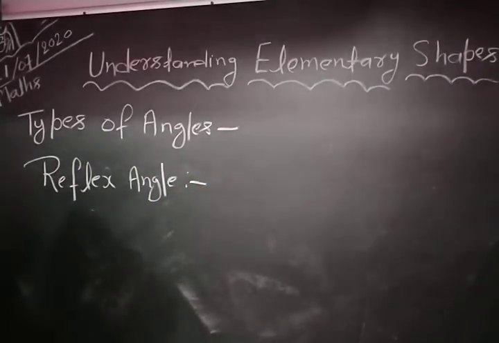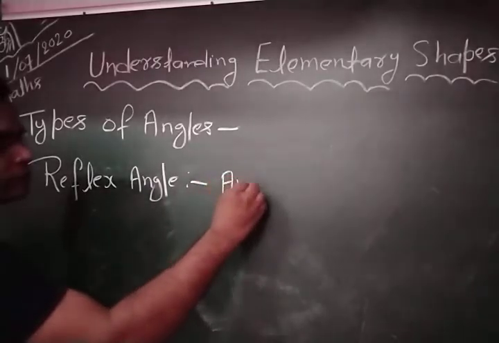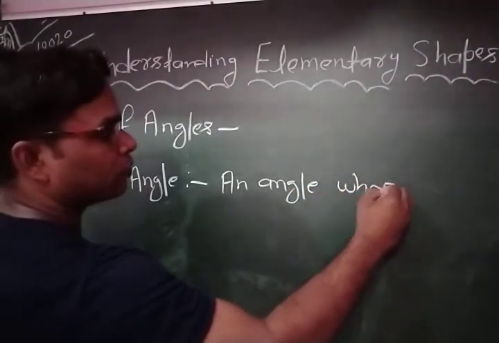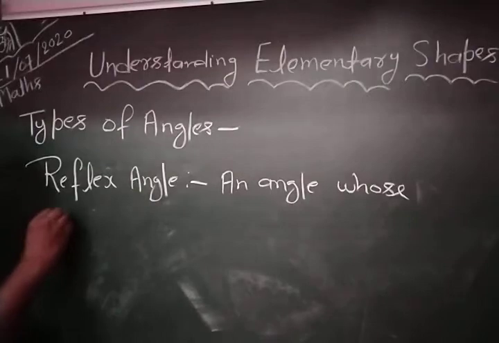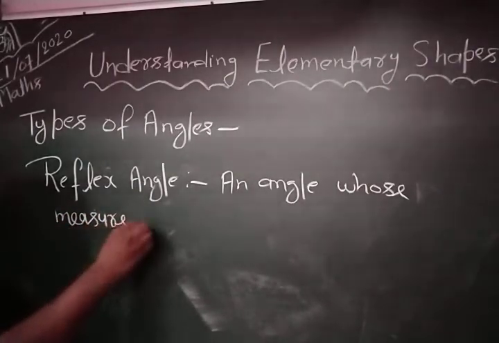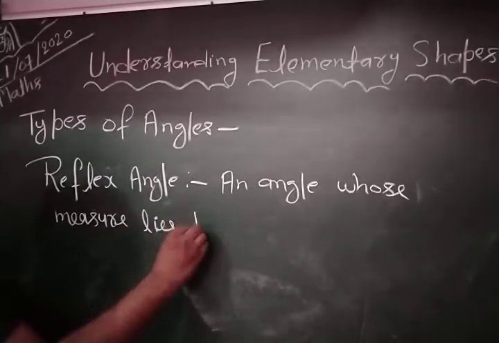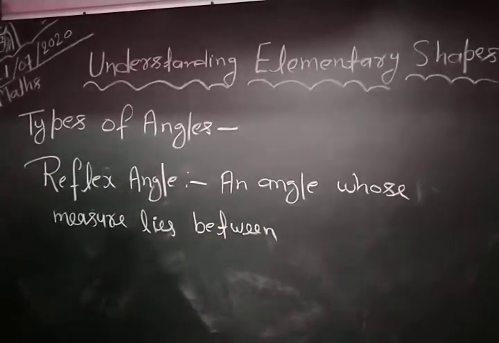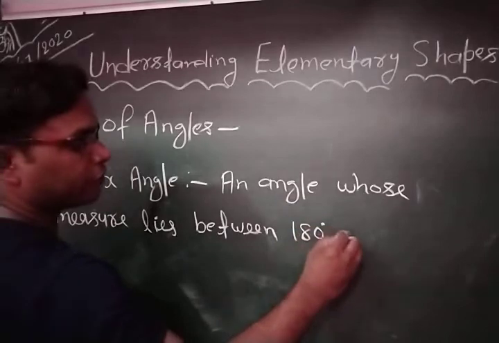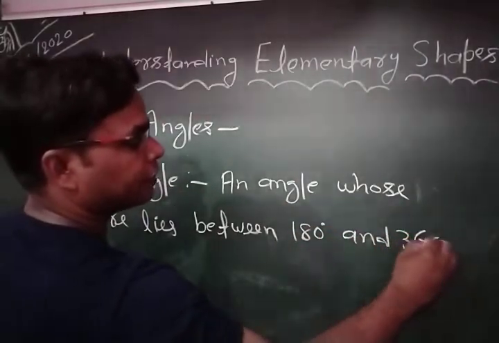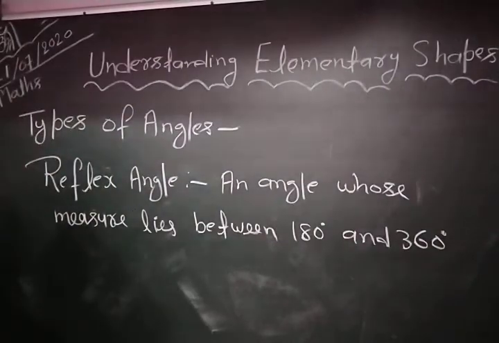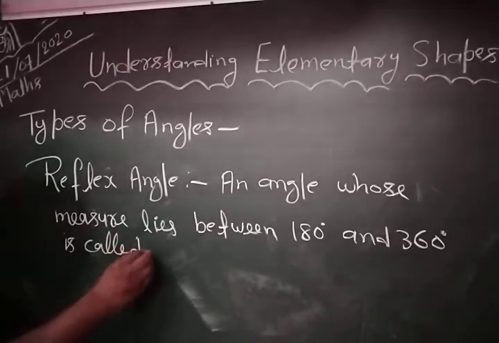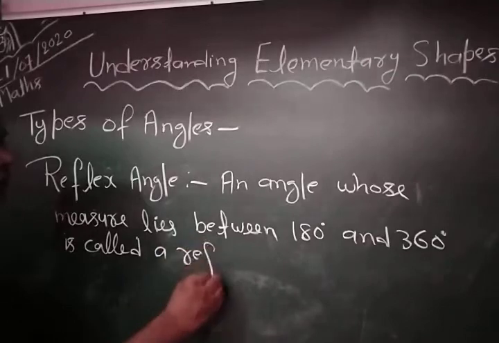Okay, an angle whose measure lies between 180 degrees and 360 degrees is called a reflex angle.